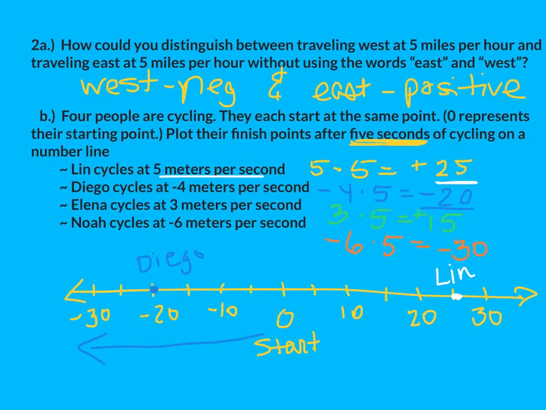So the further we are to the left, the lower that number. Next, we have Elena at 3 meters per second, ended up at 15, which is in the middle of 10 and 20. That's Elena. And then finally, we have Noah. -6 for 5 seconds gave us -30, which is, of course, here, and that is Noah.